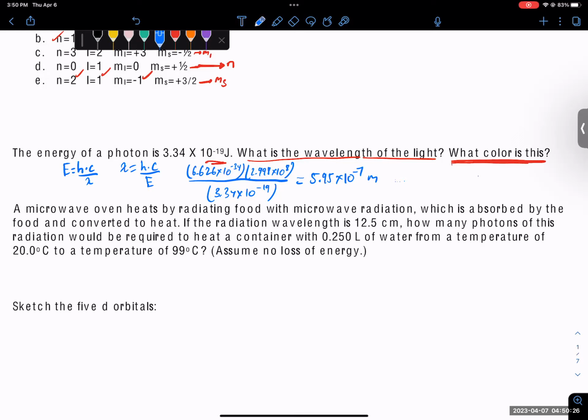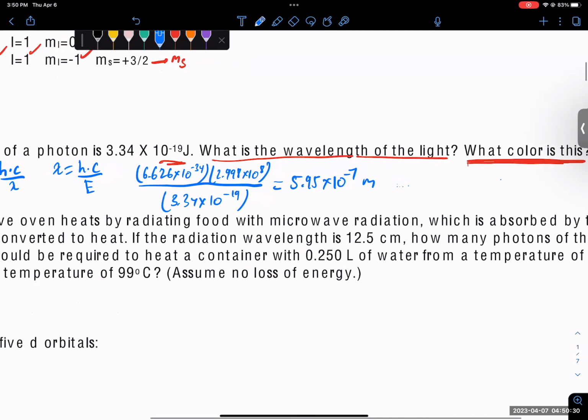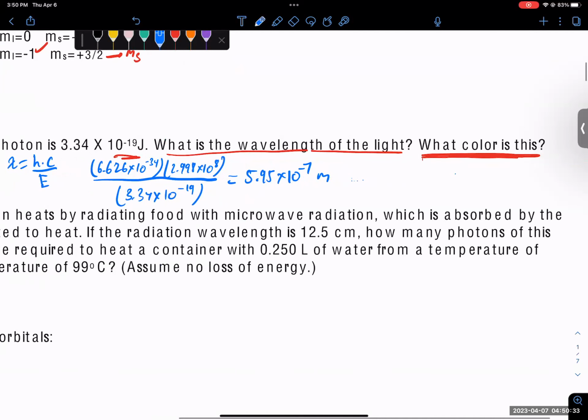But I'm gonna make an executive decision here. I'm gonna convert this meters into nanometers, because I know for the color, it's easier to analyze if it's in nanometers. So 1 nanometer has 1 times 10 to the negative 9 meters.